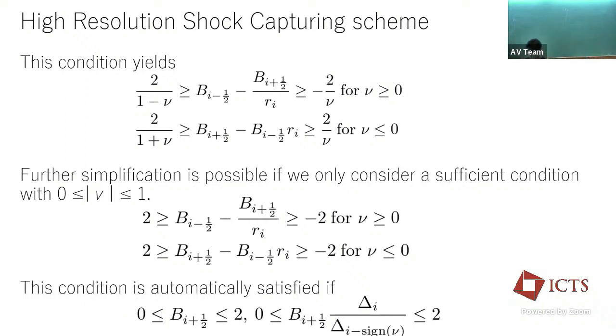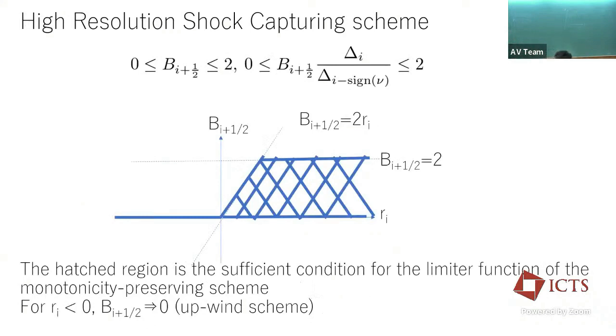So this should be avoided. So this limit function automatically satisfies this condition. And if the situation is going to disrupt this, you cut off and reduce to the first order upwind scheme, which is stable at shock discontinuities.